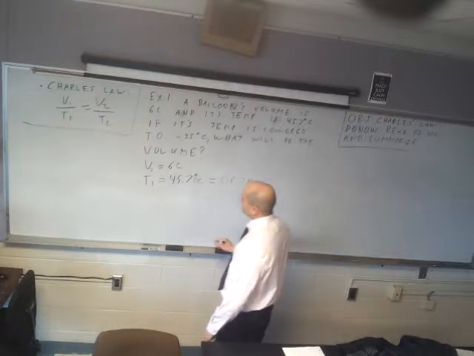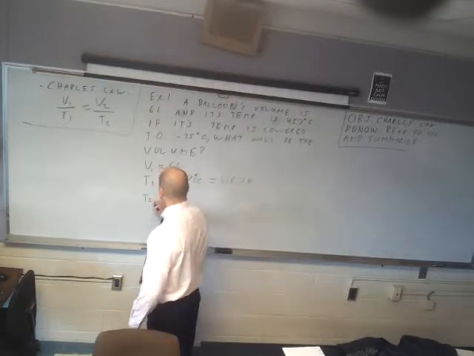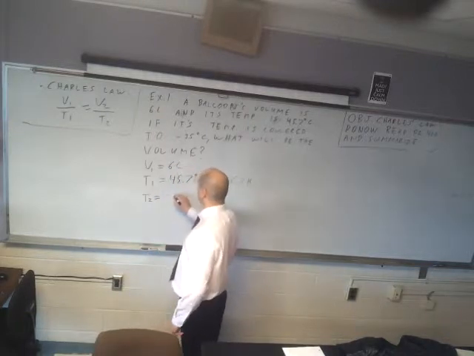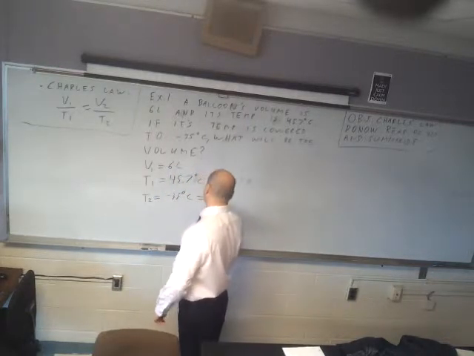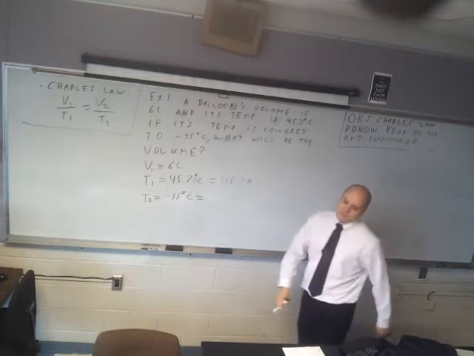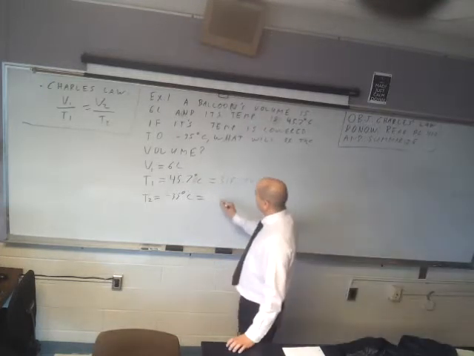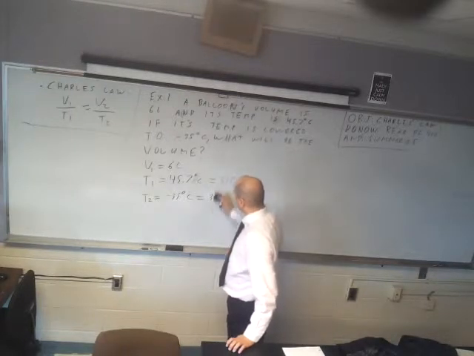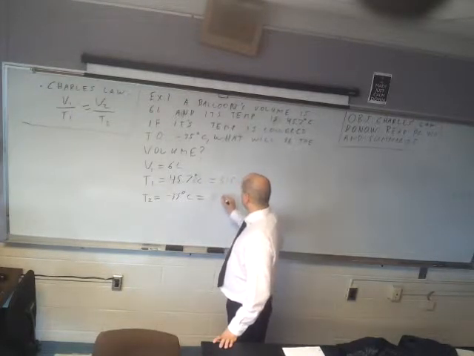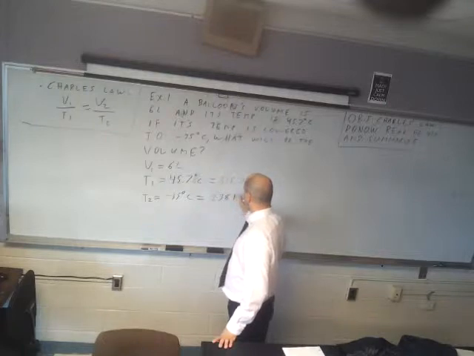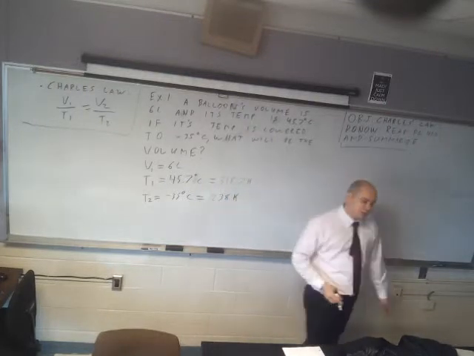And then the same thing with T2. Final temperature is minus 35 Celsius. So 273 plus minus 35. That means 273 minus 35. What's that come out to? 238 Kelvin.